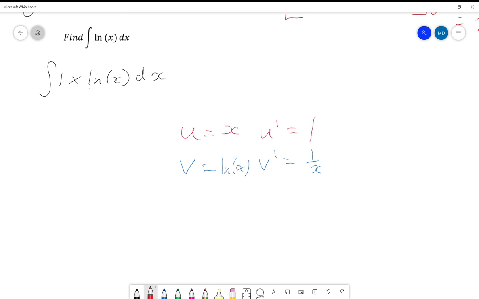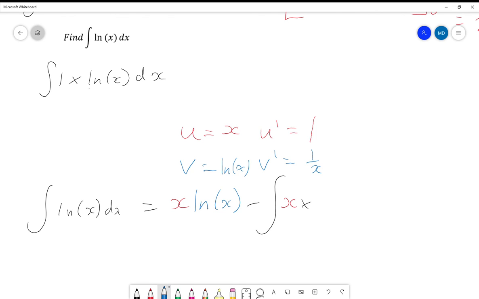And so our integral of 1 times ln of x, let's just put it as ln of x, dx is going to be equal to, remembering that it's just 1 times ln of x, uv, so x ln of x, minus the integral of, and now this is u times v dash, so x multiplied by 1 over x dx.